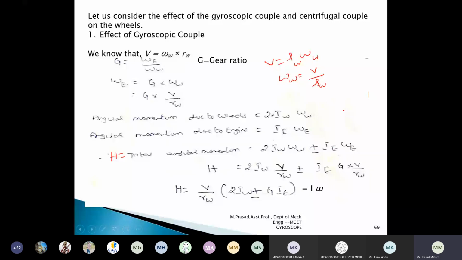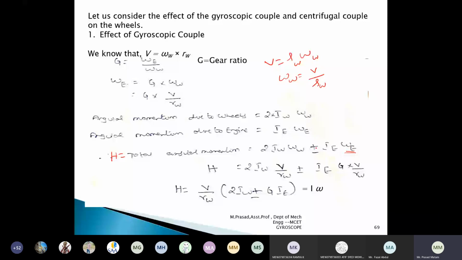So in place of omega W, I'll keep V by RW. And in place of omega E, you can see here, omega E is equal to G into omega W, and again omega W is V by RW. So omega E is G into V by RW. That is what I have substituted. Now the equation comes as, why I am taking plus or minus, I will explain next slide.